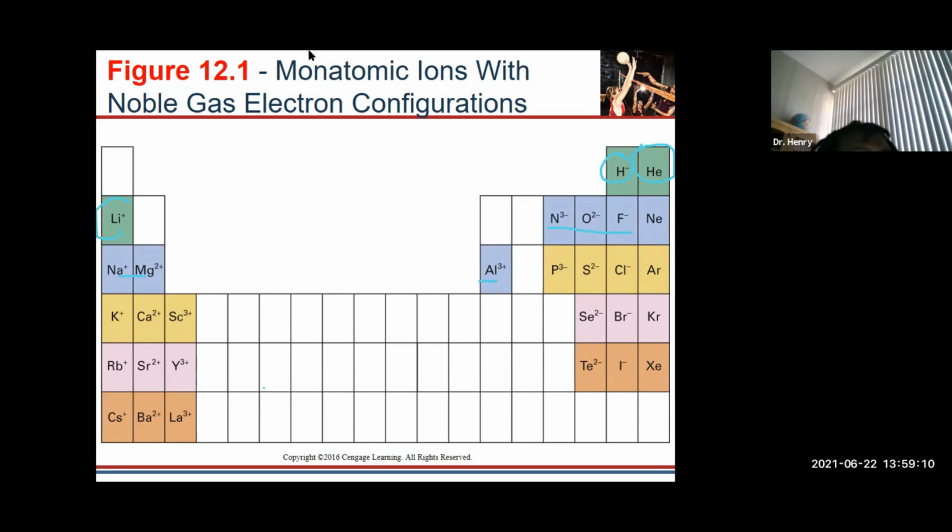Anyone? 10. That's right. And if we're talking about F minus, it's going to have 9 protons, right? Because it's fluorine. Fluorine always has 9 protons. It's never going to change. Okay? You guys understand that? So it's the electrons that are changing, and that's going to be like the noble gases, not the protons.